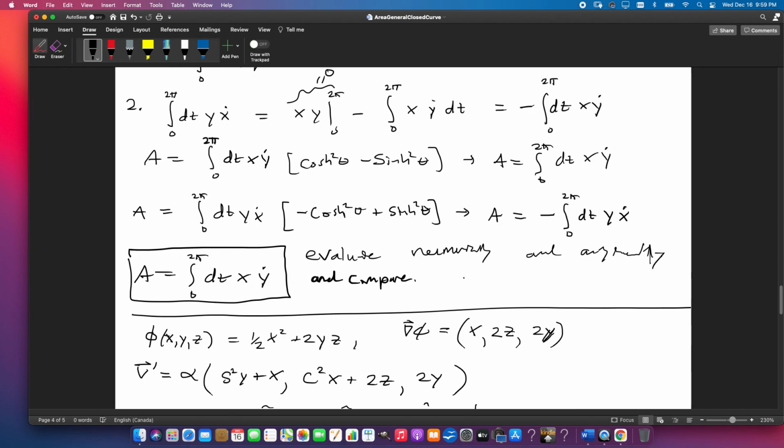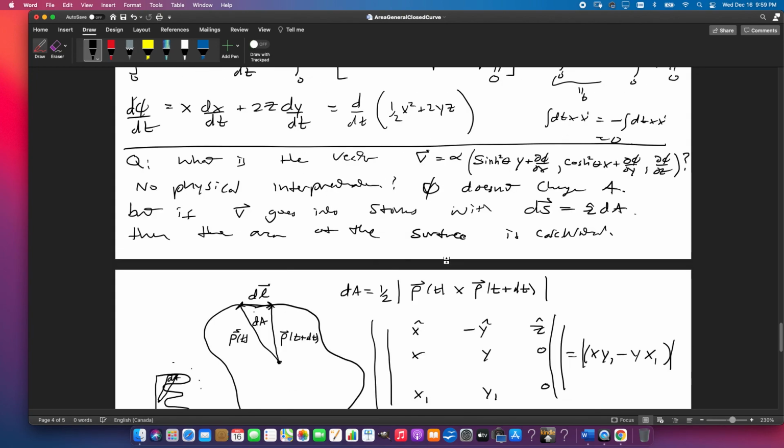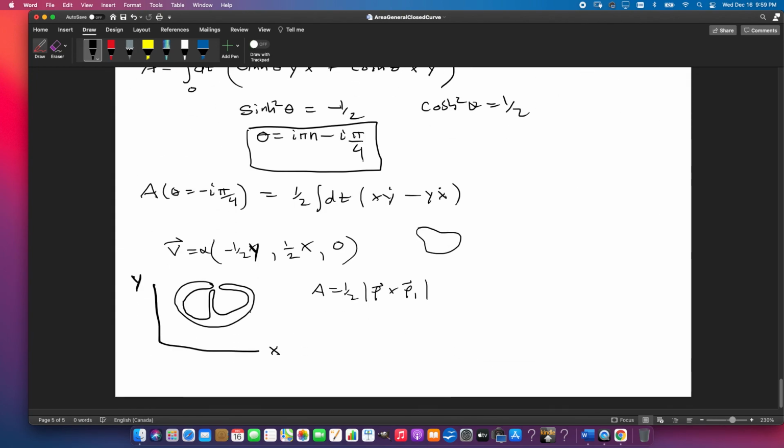You can take some shape, I'll go back down here, this is a good shape.